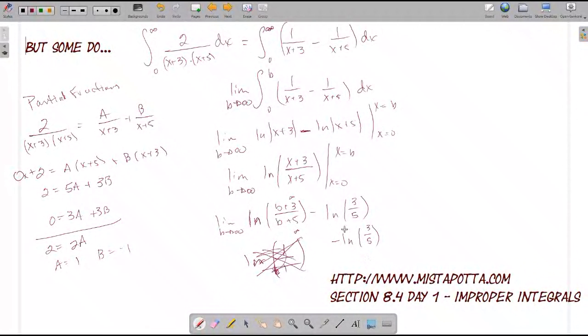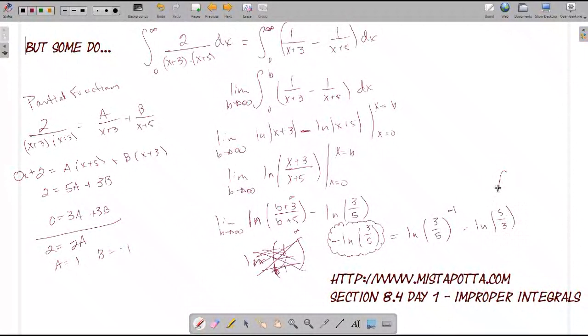Now, of course, you're looking at this and going, wait a minute, this area is negative? Not really. Remember that a negative really means this is 3/5 raised to the negative 1 power, which is the natural log of 5/3.